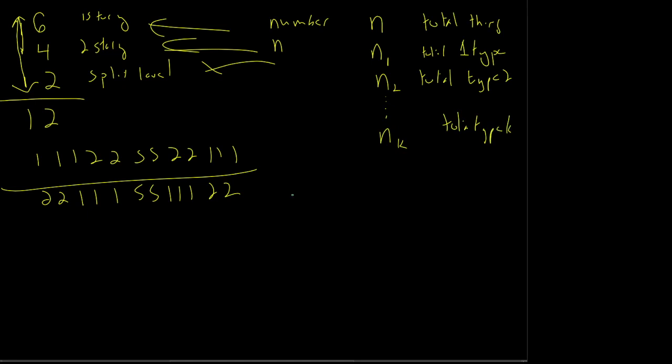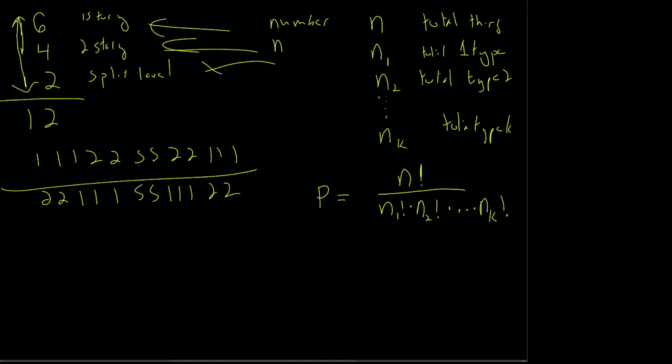And the formula that we have for the number of permutations for this is we're going to take n factorial over n sub 1 factorial times n sub 2 factorial times all the way up to n sub k factorial.